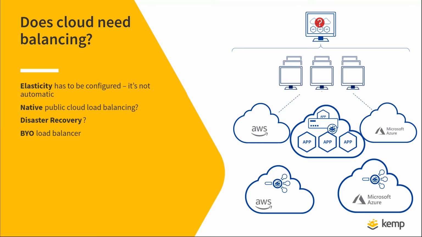The application availability, like I said, public cloud has failures. Hybrid cloud has failures. Private data center has failures. We need some sort of disaster recovery to ensure that when one location fails, let's say I have an application, you can see in the diagram, I have AWS, I have Microsoft Azure, I might have my private data center.